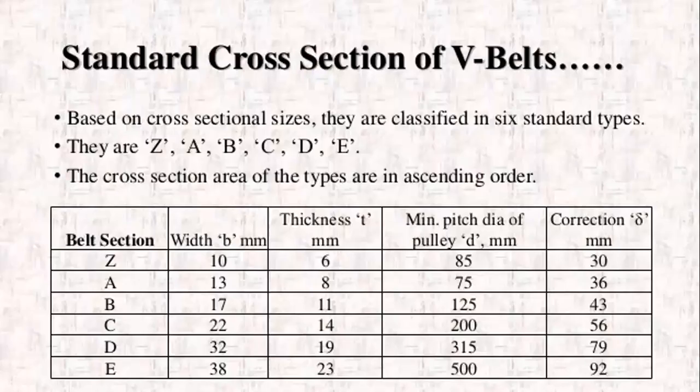Next one is the cross section of the V belts. What are the different designs we are using for the cross section of the belt drives?